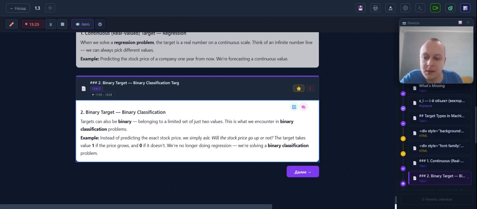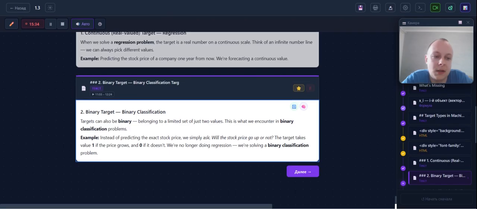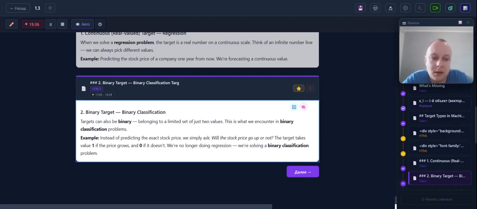And binary targets belong to a limited set of values, maybe just two values. This is the kind of target that is used in classification problems.